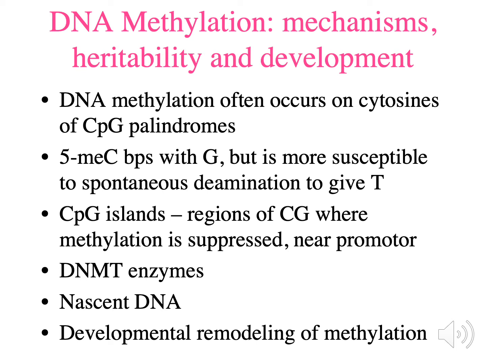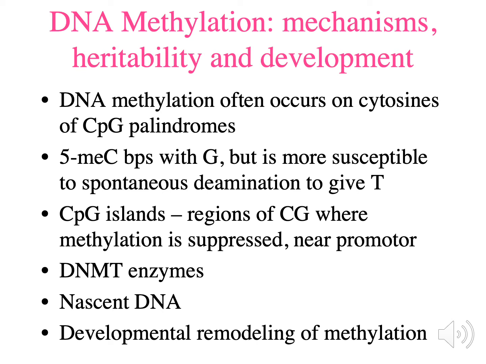Some maintain stability of methylation, and some of them are important in epigenetic reprogramming. So they're associated with different purposes for methylation. It's interesting to know that methylation happens after DNA replication takes place.